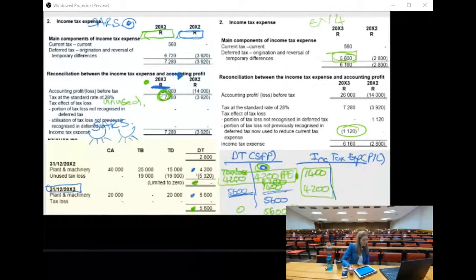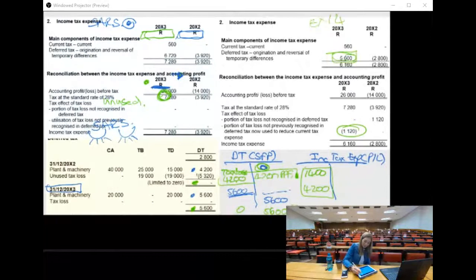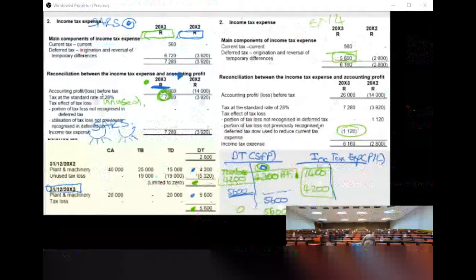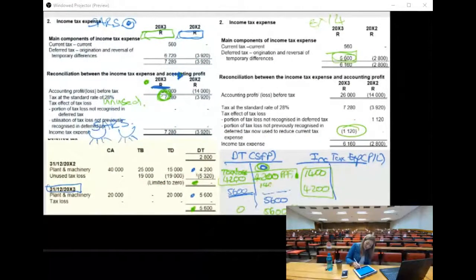Okay, so question, should the 1,400 credit, so that's the 1,400 credit... I know I have such bad handwriting. I'm sorry about that. Please send an email to the HOD. So we said that we needed the 1,400 movement and the 4,200 for the tax loss.